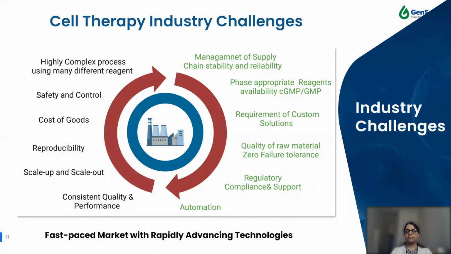This complexity impacts safety, reproducibility, cost, scalability, and quality consistency. Obtaining essential material is a major challenge, and disruption in the supply chain can also cause significant production delay. So selecting a reliable reagent supplier is critical to prevent GMP complications.